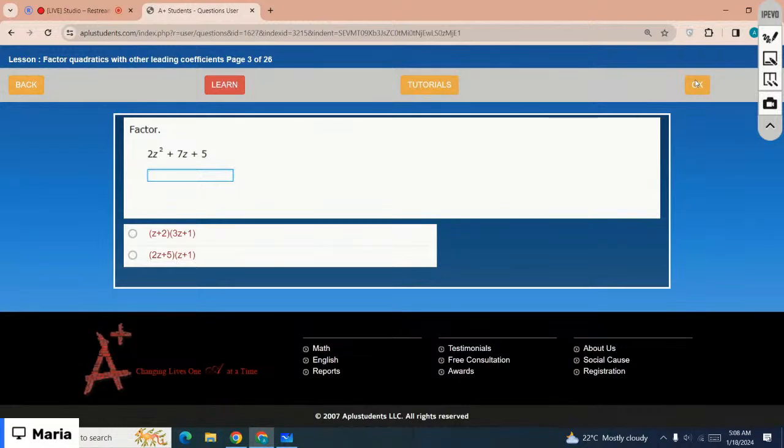Okay, the next one is 2z square plus 7z plus 5. Please use your notebook and pencil and factor the equation, then write the correct option in the chat box. So 2z square plus 7z plus 5, which is the correct option?